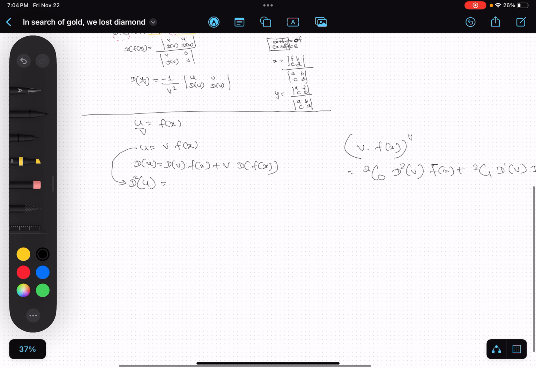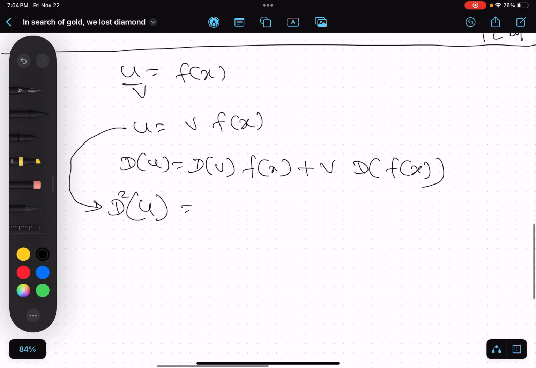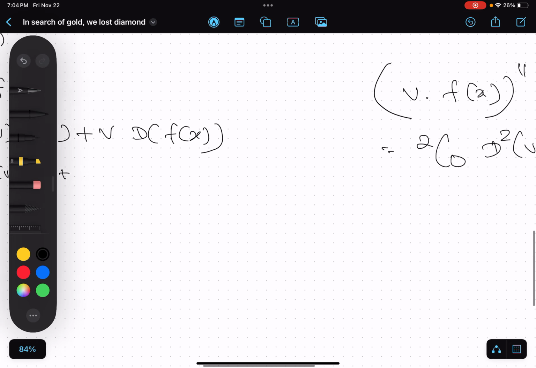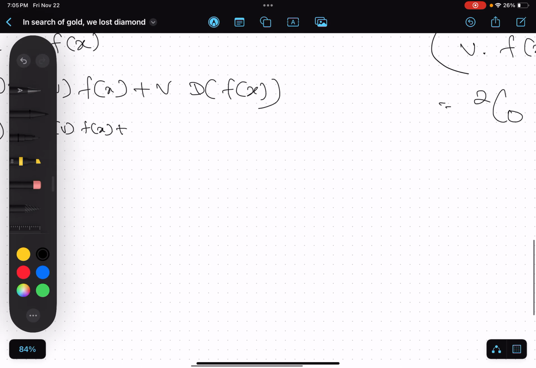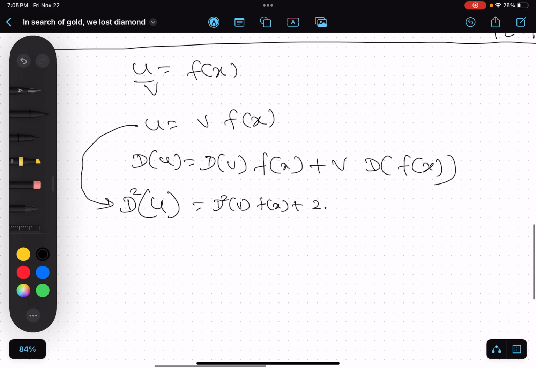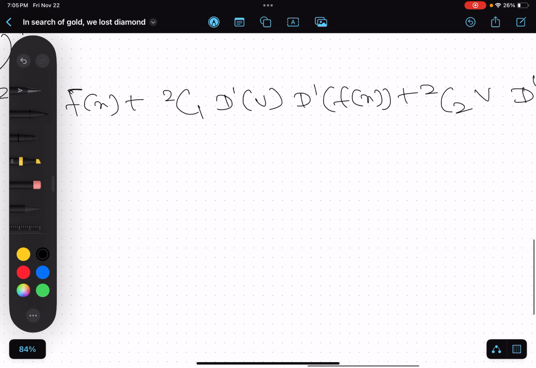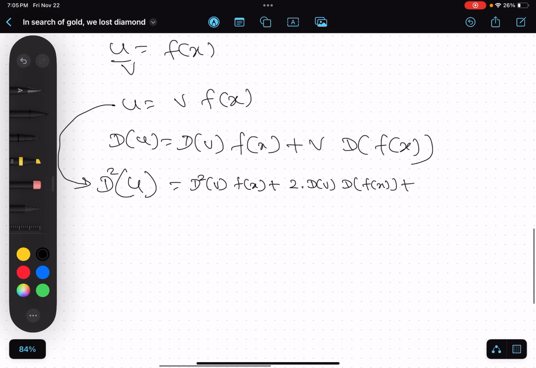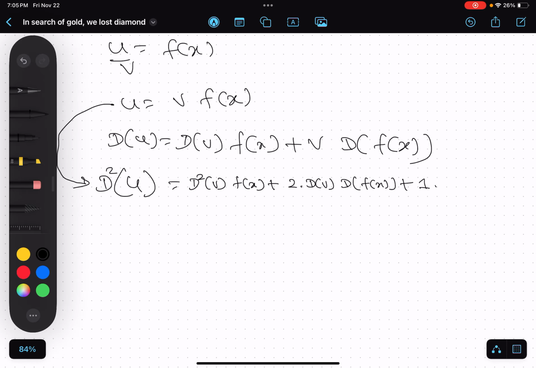So yeah, now if we use that over here, this will just be d square of b times f of x, plus, now 2c0 is 1, 2c1 is 2, this is 2 times d of b d of f of x, plus, now again 2c2 is just 1, right? So 1 times b times d square of f of x.